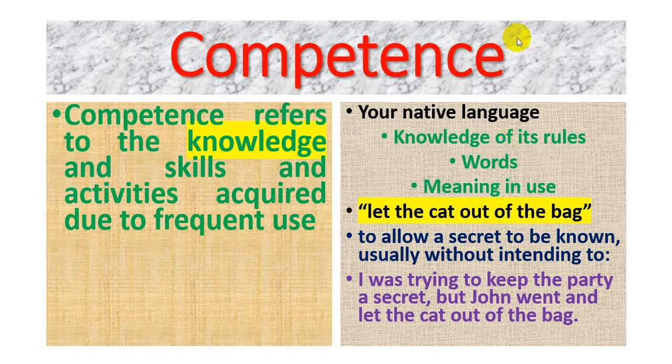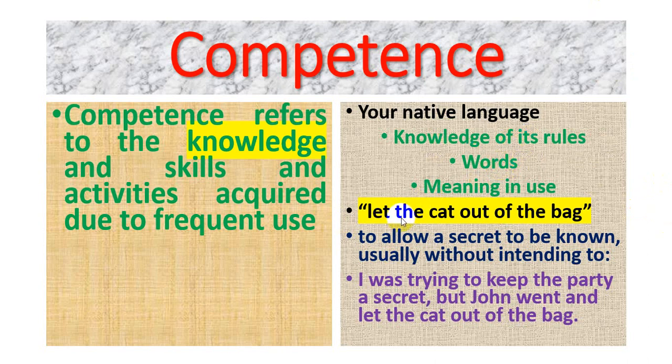For example, if you have a competence in a certain language, it means you know very well the rules of this language. If you have language competence of French, you know the rules of French, you know some French words, and you know the meaning of sentences in context, in use.